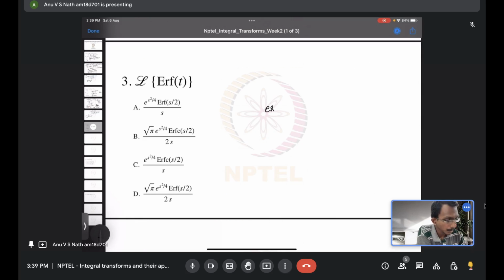Anyway, I will define the error function. By definition, the error function is normalized with the square root of 2 by pi, integrated from 0 to t of e raised to minus x square dx. That's the error function. It has a complementary function, the complementary error function, which by definition is square root of 2 by pi, integral from t to infinity of e raised to minus x square dx.